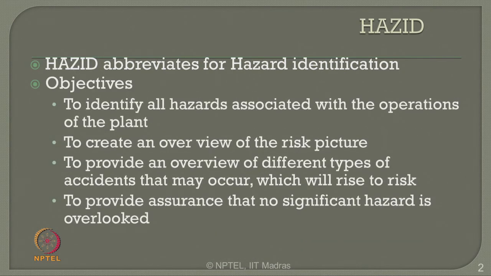The principal objectives of any hazard study are the following: to identify all hazards associated with the operations of the plant, to create an overview of the risk picture, to provide an overview of different types of accidents that may occur which will give rise to a given risk, to provide assurance that no significant hazard is overlooked.